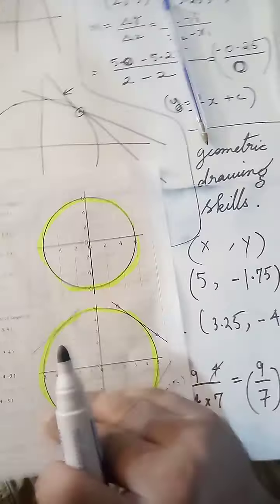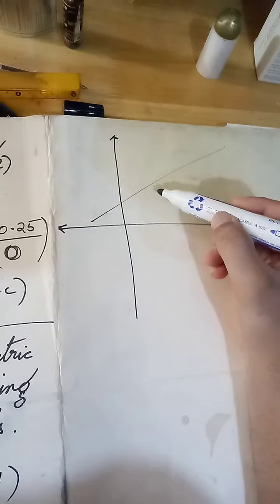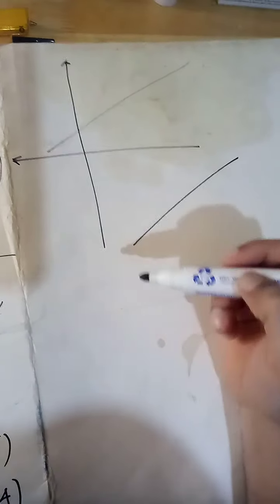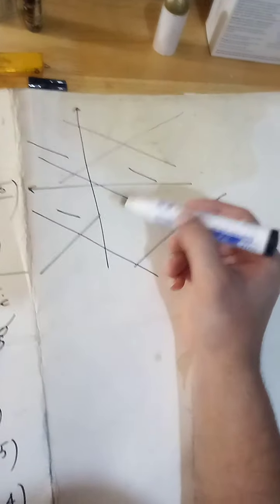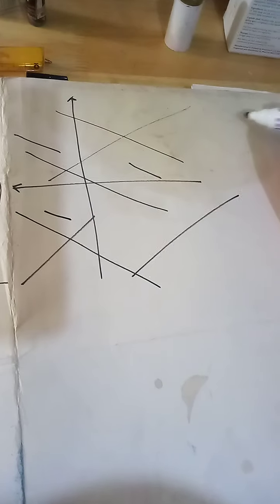Now, let me clarify something. If you've got a graph here, and a line is going like this, the gradient will be positive. If a line is going like this, or this, and this, it'll be negative. Now, what is a negative gradient?